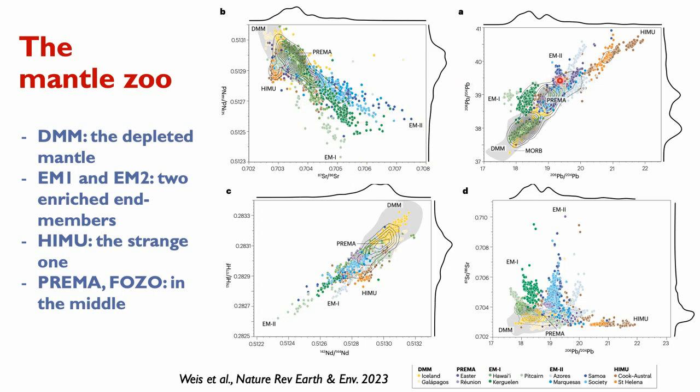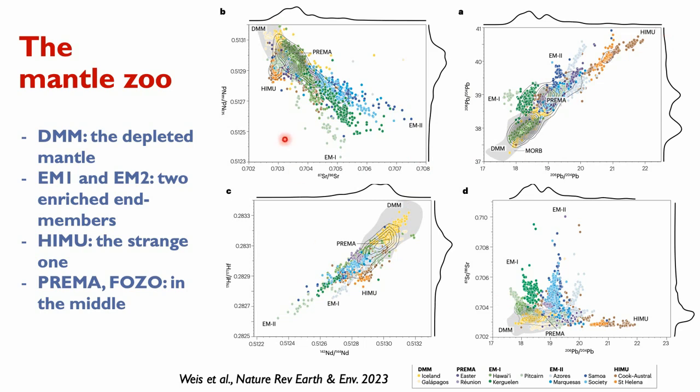So you can see them here in the various isotopic spaces, blue and green. Then we have the high mu, the strange one, which I will come back to a bit later also, shown here in orange and brown, which is basically high lead isotopic composition.